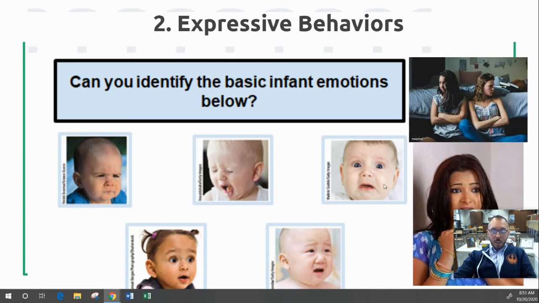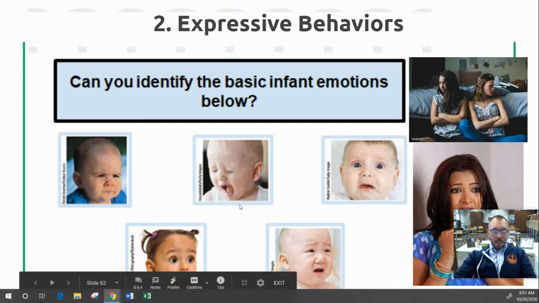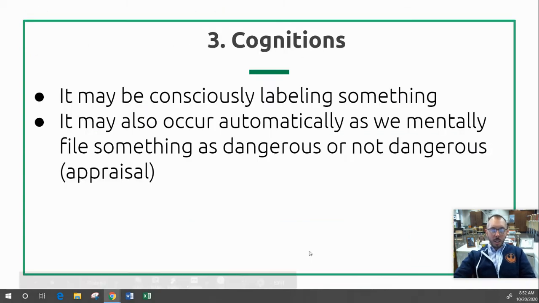Here we have some surprise and fear, with the mouth pulled back at the edges and the eyes wide. So that is fear. You see a little bit of happiness here with a smile, and you get a little bit of sadness and surprise here with the O-shaped mouth and with the kind of downturned facial features. So we all have these expressive behaviors that we can see.